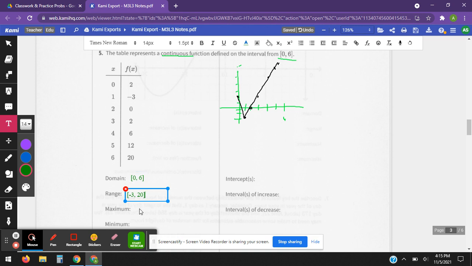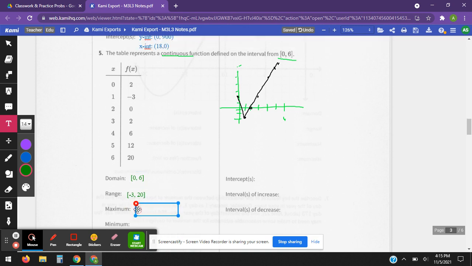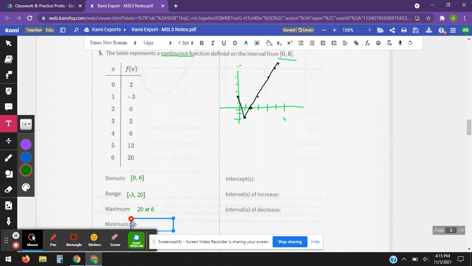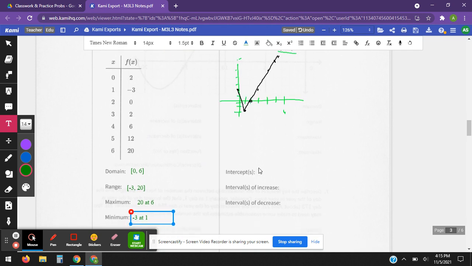So that's my range. My maximum is going to be clear up here at my 20. So 20 at 6. My minimum is -3 at 1.